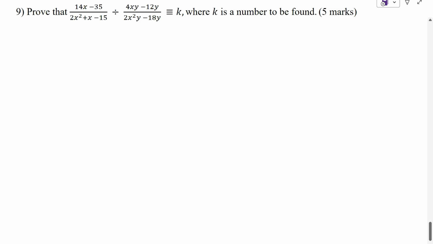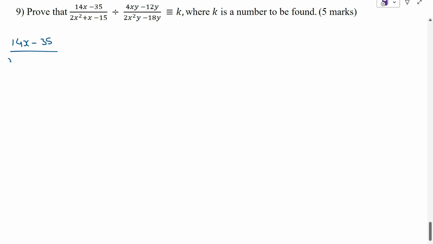Okay, and the last question for this video, we need to prove that this fraction divided by this fraction equals k, and k is a number that needs to be found. So before we do anything, let's rewrite this question, because as we are dividing, we need to flip this sign and flip this second fraction. So this first fraction stays the same.